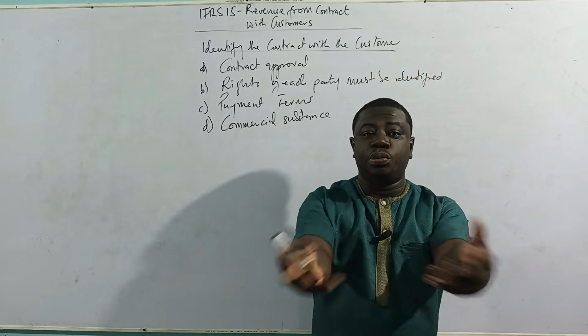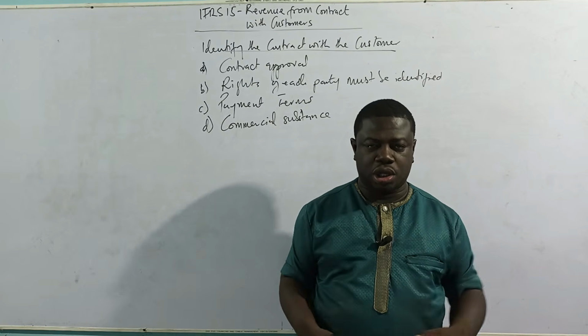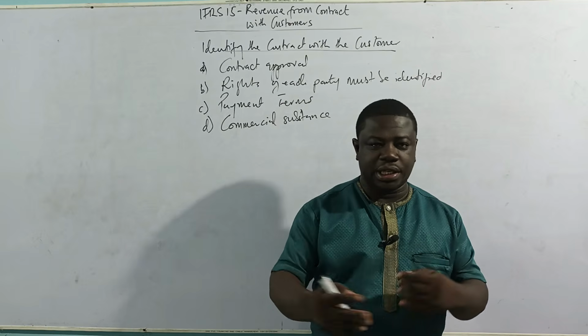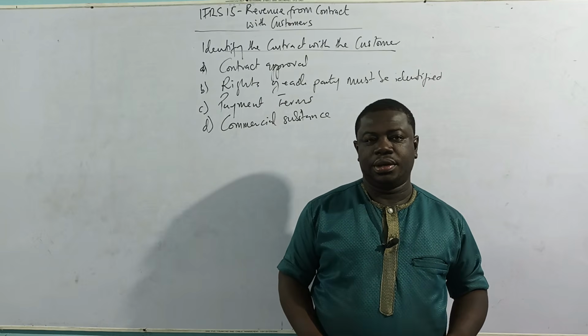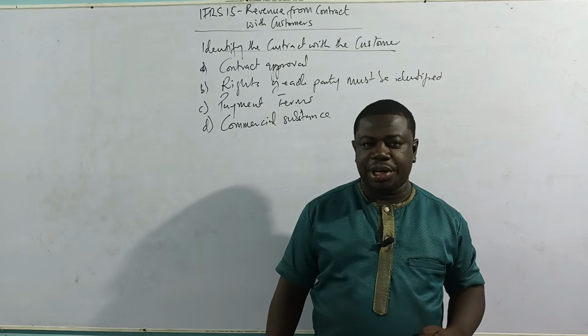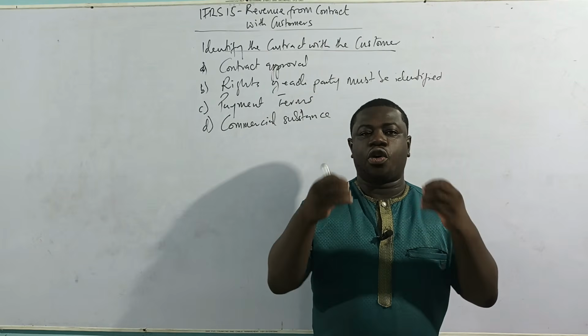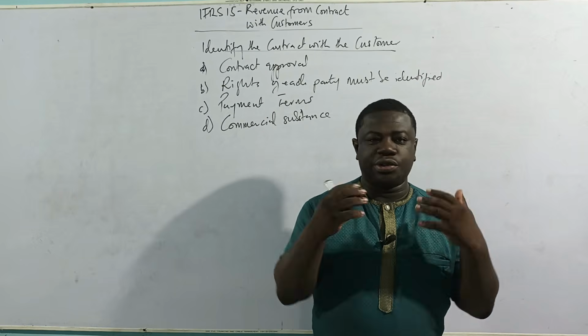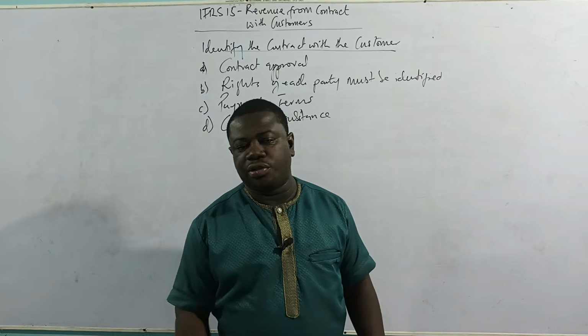There should be something to be sold and something to be bought. Okay, there should be some kind of trade in there. Some goods and services must part way for money to come in. So there should be a commercial substance. Once there is no commercial substance, then the contract is invalid.